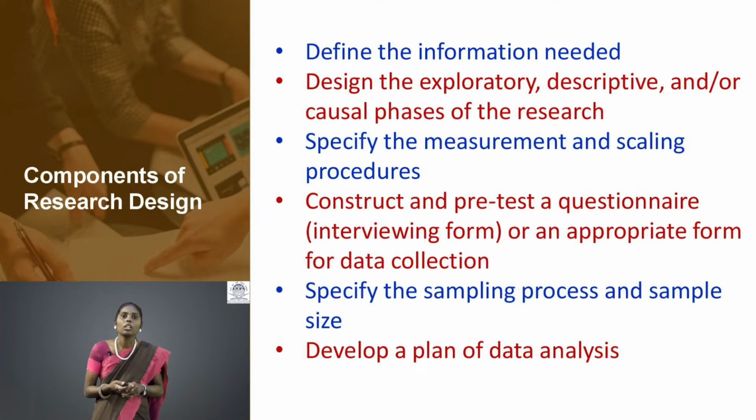So in order to get an idea about whether they will be willing to replace it with the new machinery, what is that information that he would require? We have to define that, define the information needed.